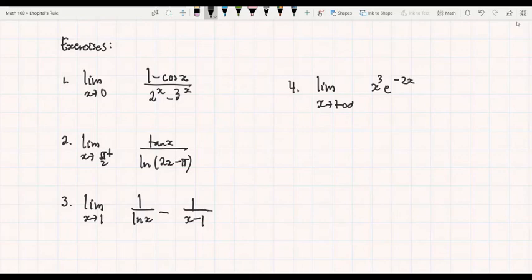So again, here you might need to apply L'Hopital's rule more than once. And then lastly, we have the limit as x goes to positive infinity of 1 minus 2 over x raised to x. So that ends the lecture for L'Hopital's rule.